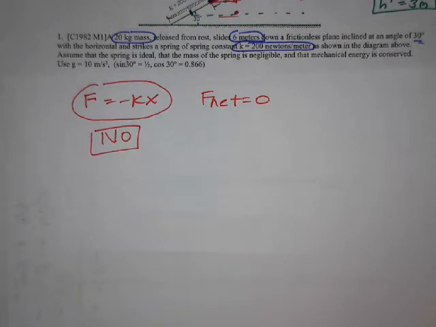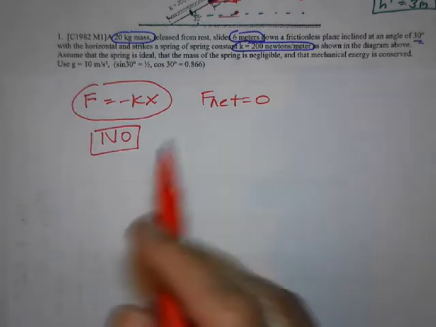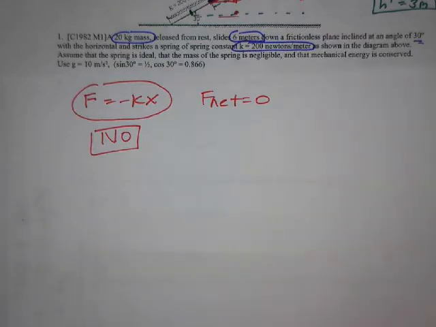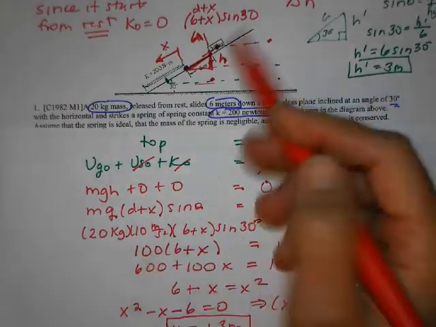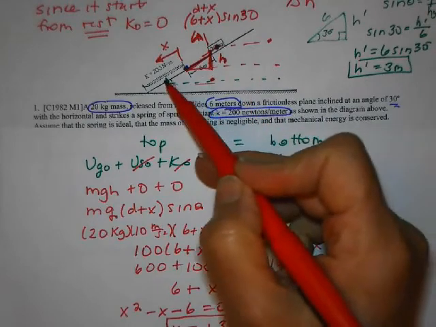So again, with this, the hardest part would probably be the middle part, part B, where I'm doing conservation of energy between this point and this point.